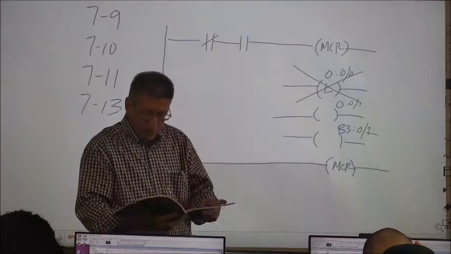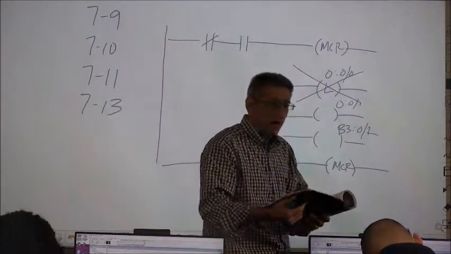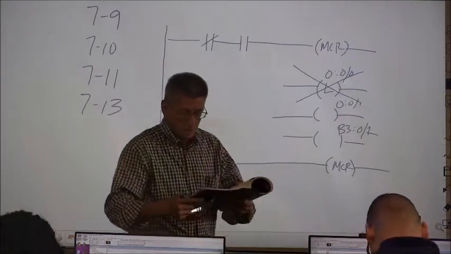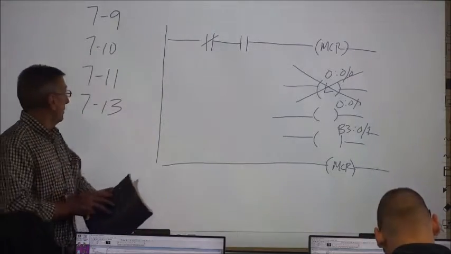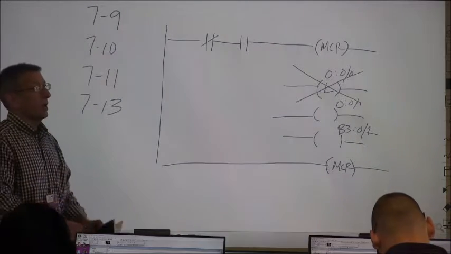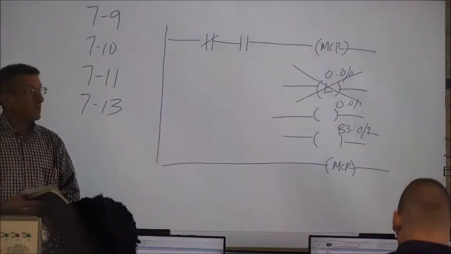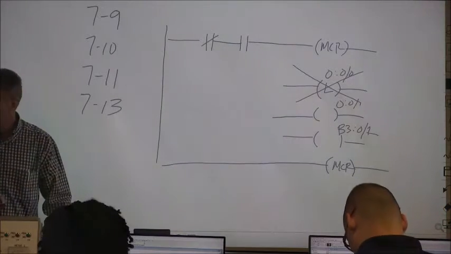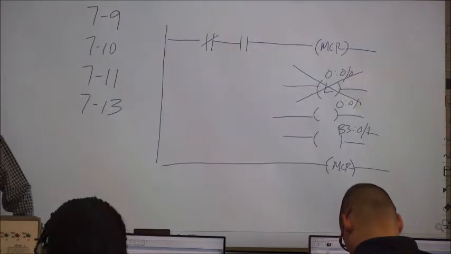So it's keeping up with the total run time of the pump. When that reaches the preset, we turn the pilot light on, and then you change the oil. Yep, that's right.